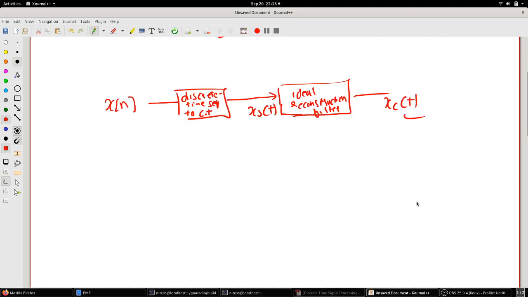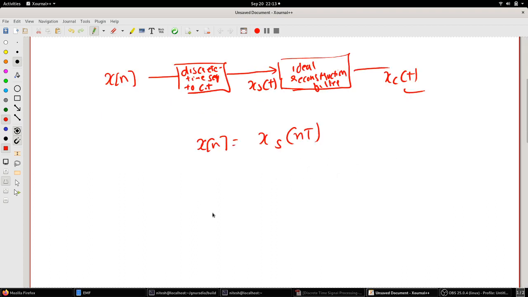So how do you do that is, first thing you know that xc of t in your C to D converter, if you had looked at, the x of n was obtained by using xc of nt, right? This was what was done, and where n was varied. So the reverse way of doing that is to get back the xc of t.